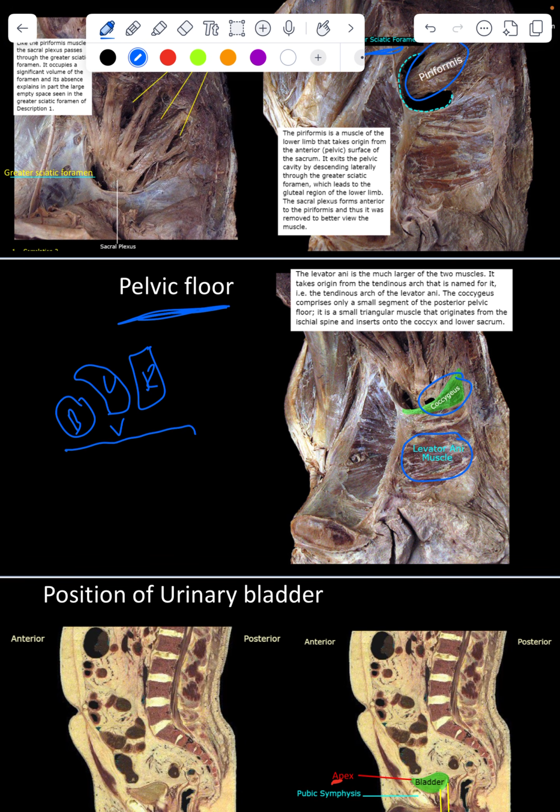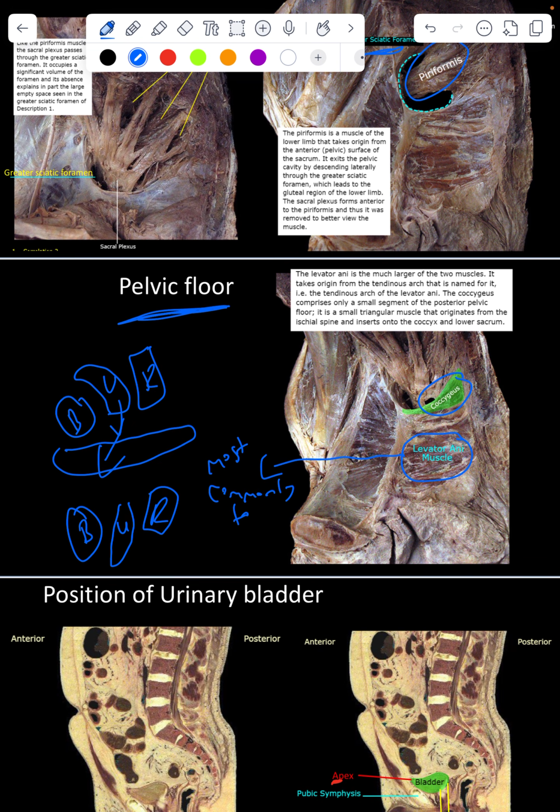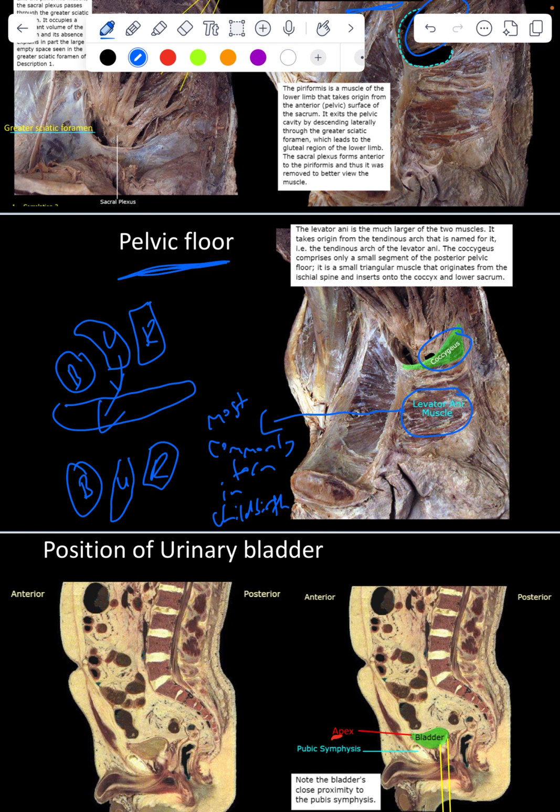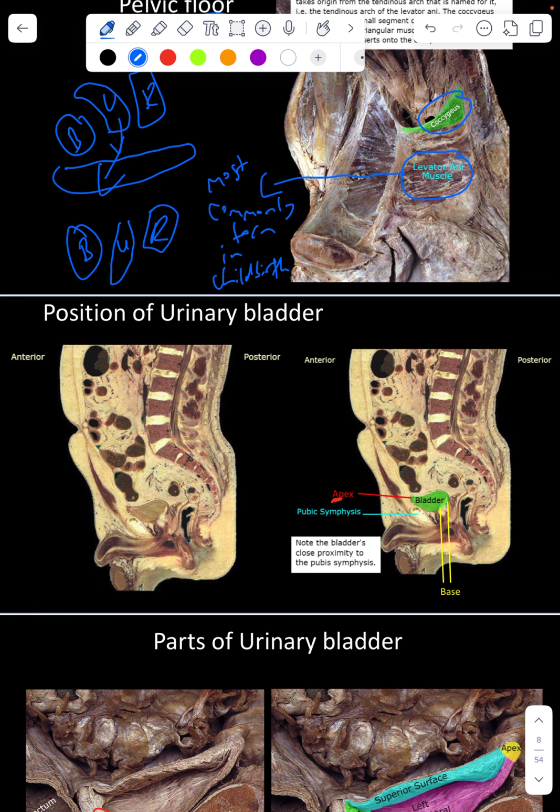If the floor gets damaged, then these will drop. So your bladder is here, but now your uterus is shifted down. So these are very important. Levator ani is also most commonly torn in labor or childbirth. So these are your pelvic diaphragm muscles, or pelvic floor.